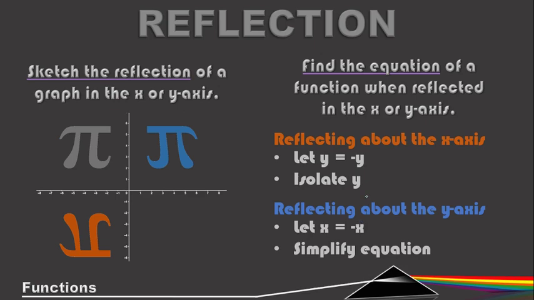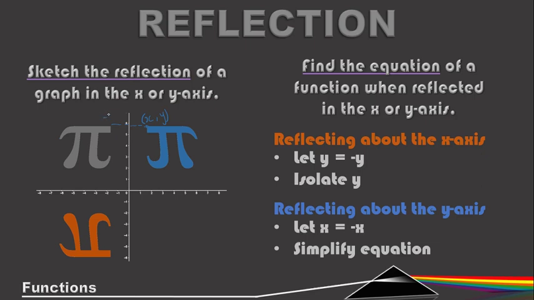Now, just to look at the practical side of this, if I have a point, my point is x and y, and I reflect this point in the y-axis. Here it says if we reflect about the y-axis, we make x negative x.